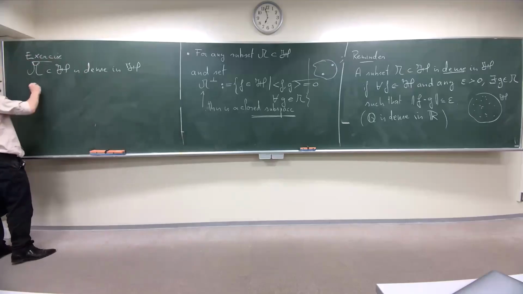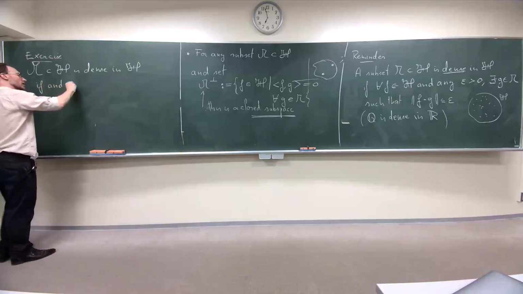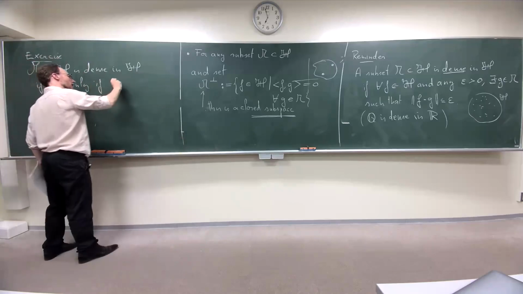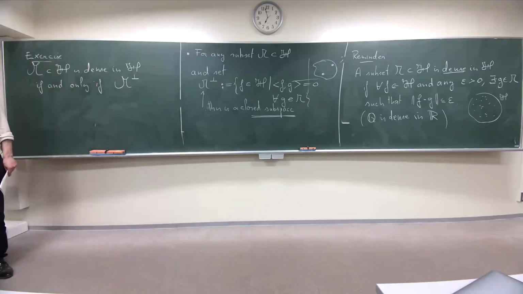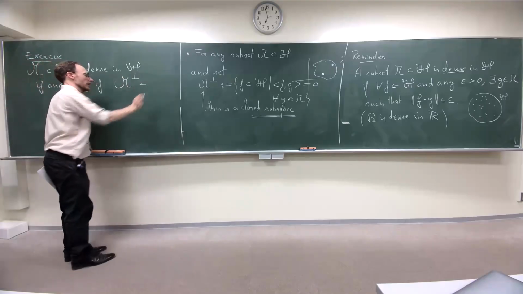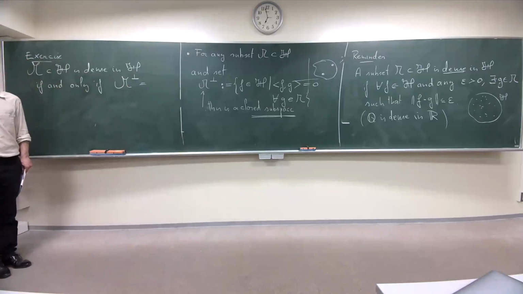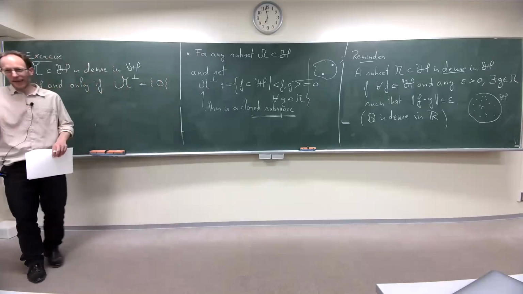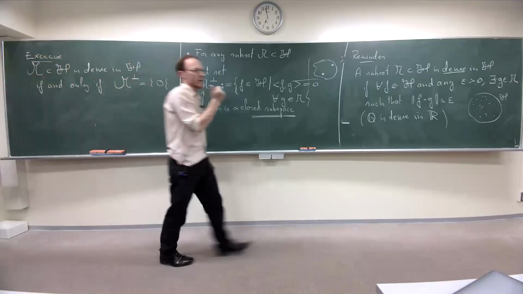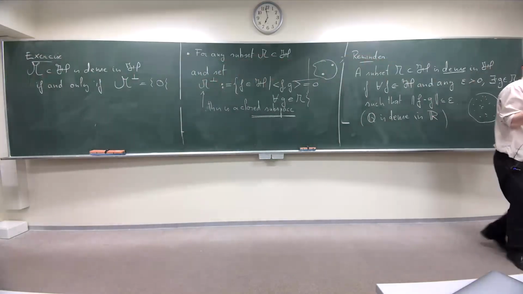M is dense in H if and only if, what is orthogonal to M. Can you guess? Something is dense if what is orthogonal. It's not dense, this is true, but this is not. It's just 0. If it's dense everywhere, what is orthogonal can only be the 0 element.